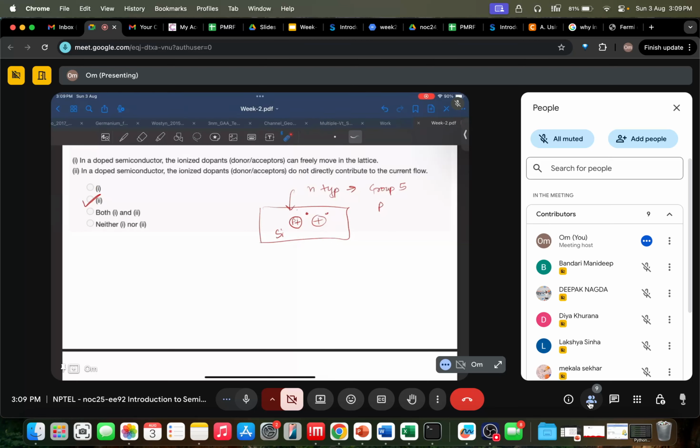So when you apply electric field or try to flow the current, these electrons will move. These donor atoms will remain fixed at their place. So donor atoms cannot move freely. This is incorrect. And as a result, they do not directly contribute to the current flow as they do not move. The electrons given by them move and contribute to the current.